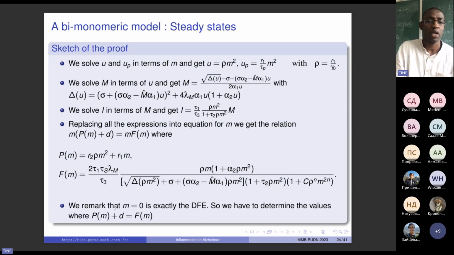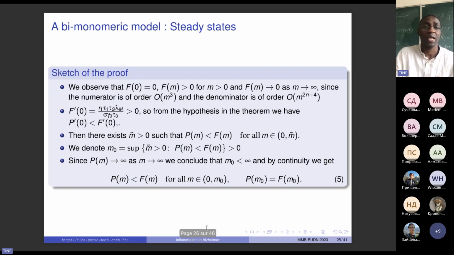So here we remark that M equal to 0 is exactly the disease-free equilibrium, and we always know that this disease-free equilibrium is locally stable. So we have to determine the value when M is not equal to 0, where P(M) plus D is equal to F(M).